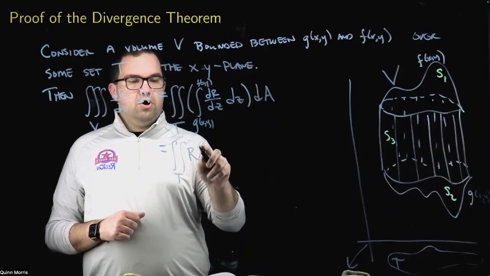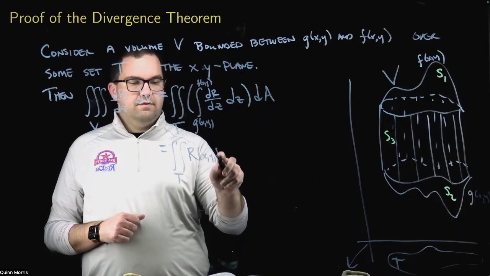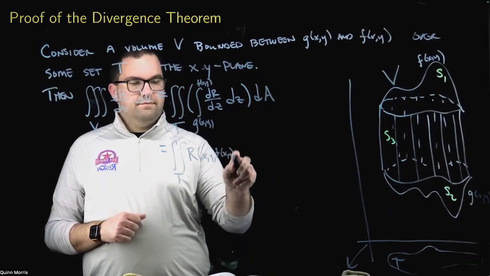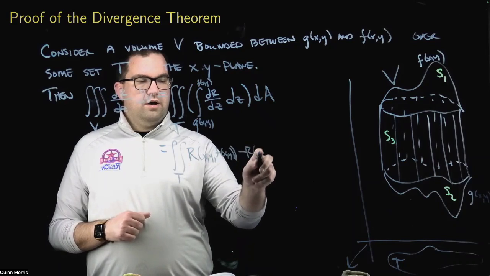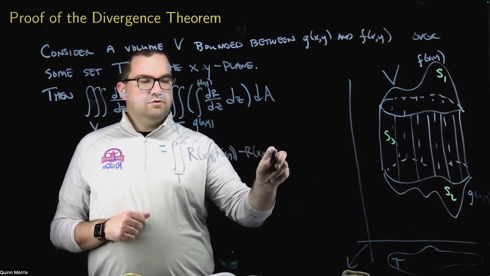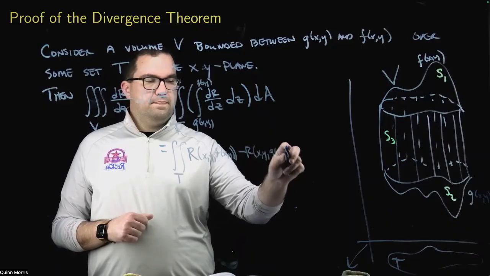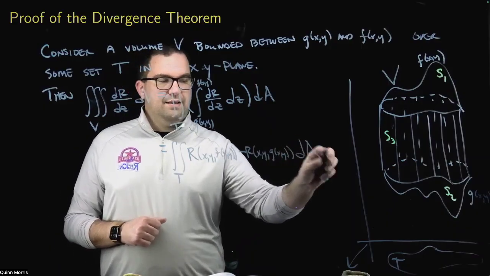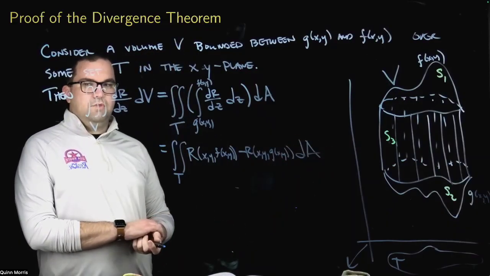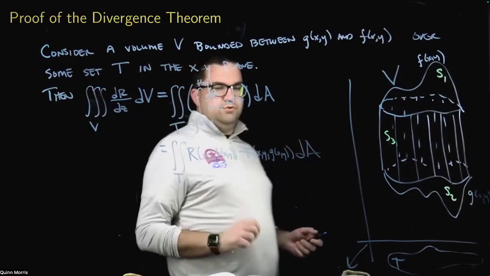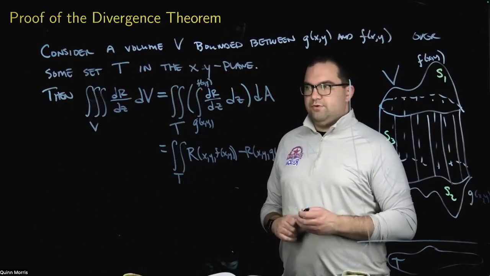So this is just r of x, y, f of xy minus r of x, y, g of xy, and then dA. All right, so this triple integral is equal to this particular double integral.